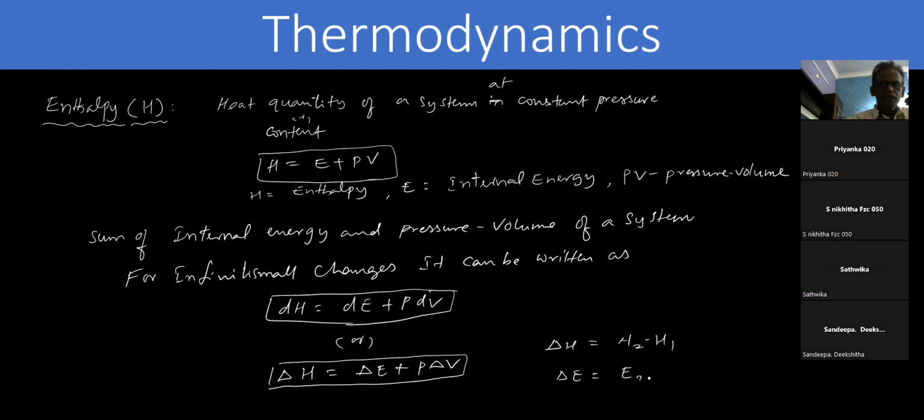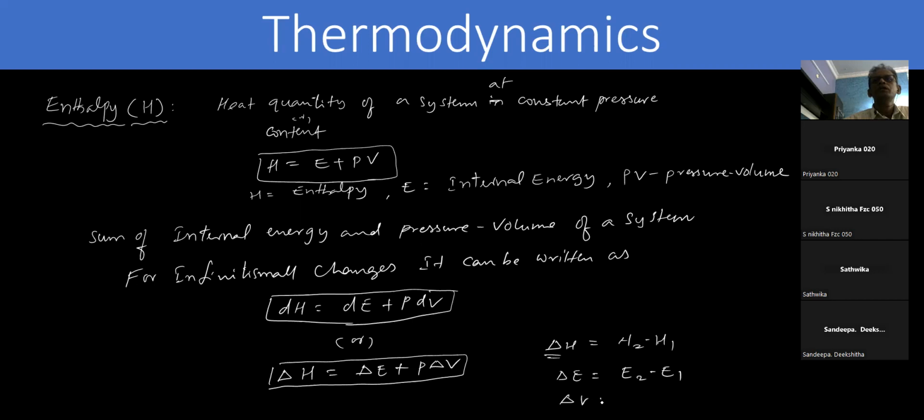Delta E is equal to E2 minus E1, the internal energy of the initial state and final state. The difference between the enthalpies of products and reactants gives the delta H value. When we subtract the internal energies of two states, the initial state and final state, we get the delta E value.